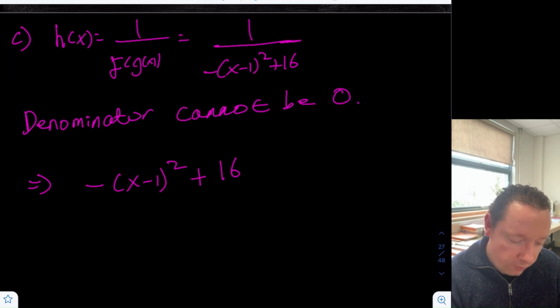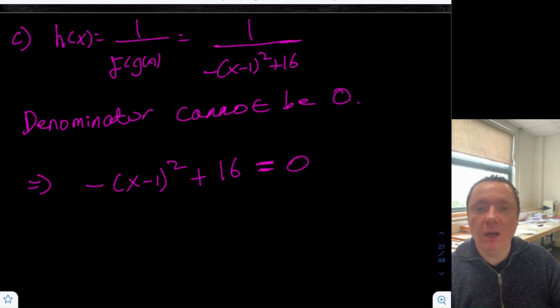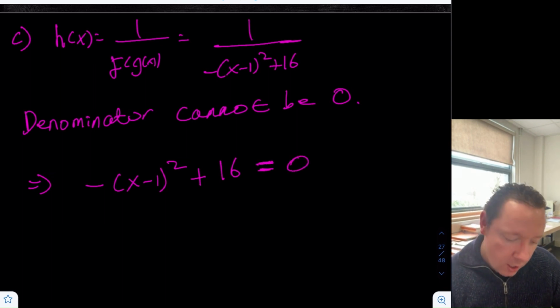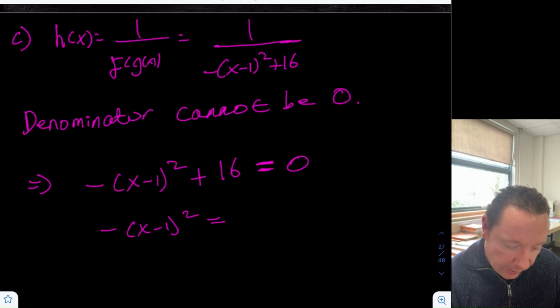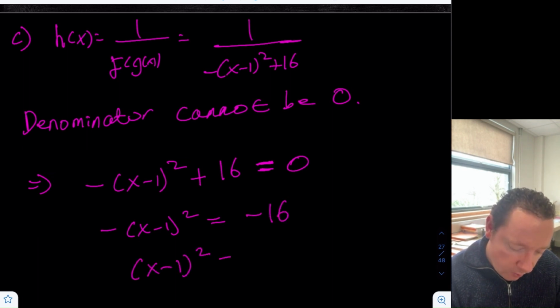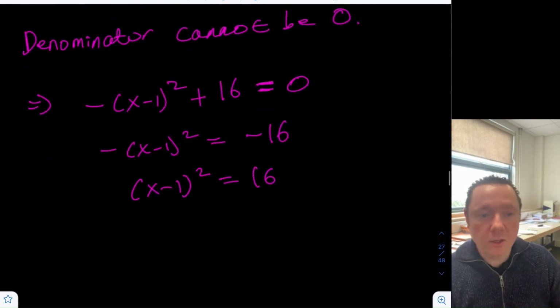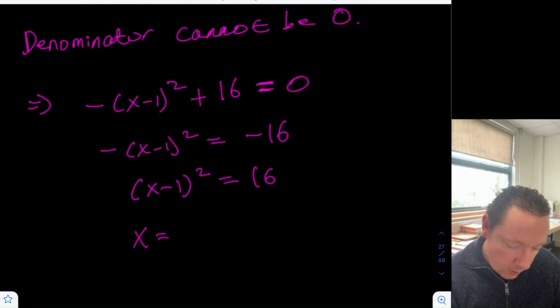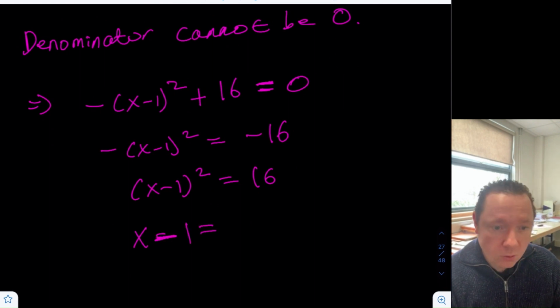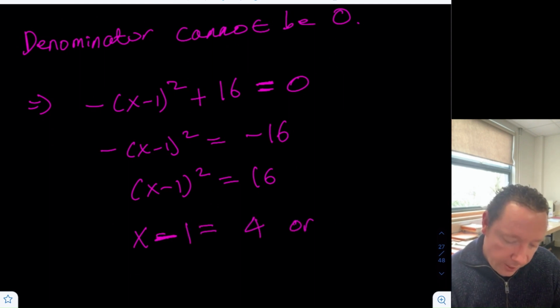So try to solve that equal to 0 to see what that gives me for it. When it is 0, I can then say x can't be these numbers. So we've already completed the square, so we can just say minus x minus 1 squared equals minus 16. Divided by minus 1 means x minus 1 squared equals 16. Square root on both sides, then you get x minus 1 equals 4 or minus 4.